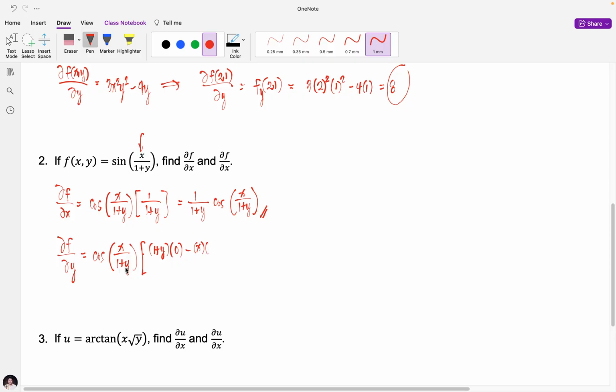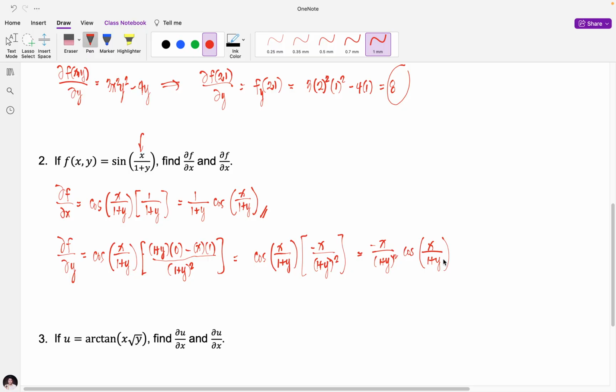The derivative of 1 is 0, the derivative of y is 1. So we have 1 over the square of the denominator, 1 plus y quantity squared. So we have negative x over (1 plus y) squared times cosine of x over 1 plus y.